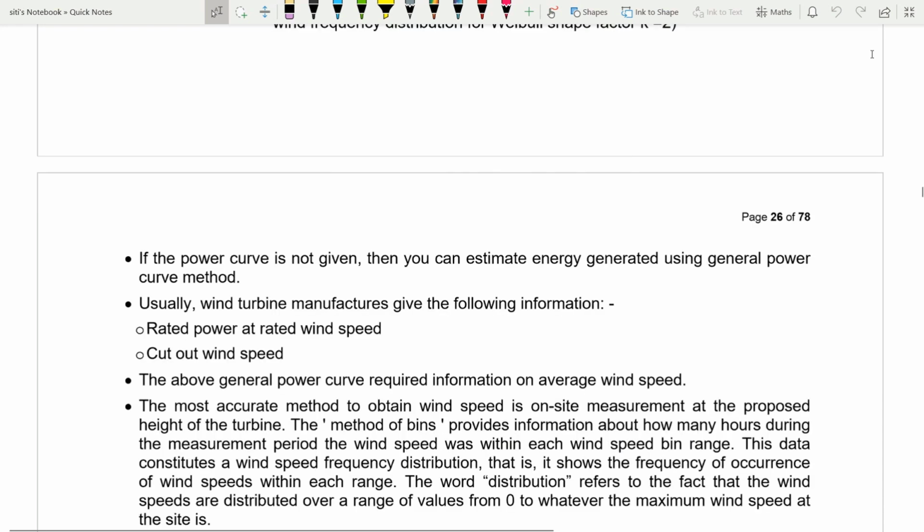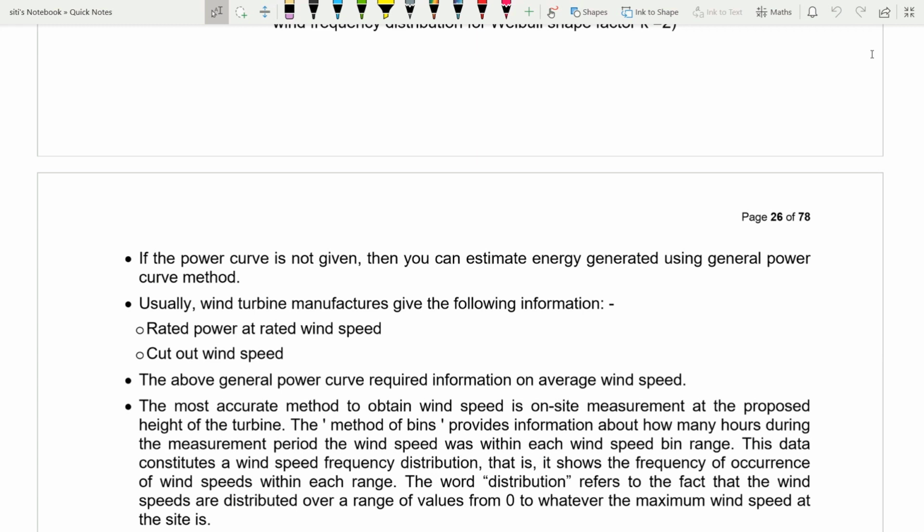If the power curve is not given, then you can estimate energy generated using the general power curve method. Usually wind turbine manufacturers give the following information: number 1, rated power at rated wind speed, and number 2, cutout wind speed. The above general power curve requires information on average wind speed. The most accurate method to obtain wind speed is on-site measurement at the proposed height of the turbine.